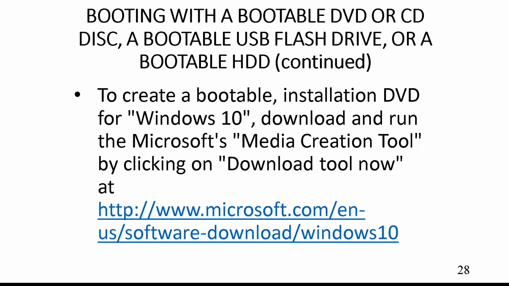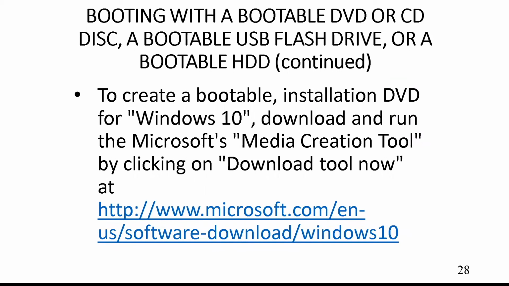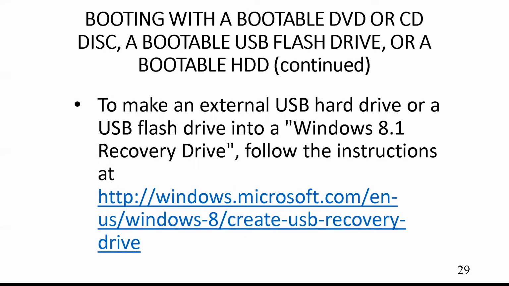Then you can at least try to isolate the problem to the hard drive, right? And you do the same thing with Windows 10. In Windows 10, it's called the Media Creation Tool. There's a Download Tool Now button that makes this Media Creation Tool. It's a temporary applet that runs in any computer, Windows 7 and higher, and it lets you download an ISO file that you can then burn to a DVD.